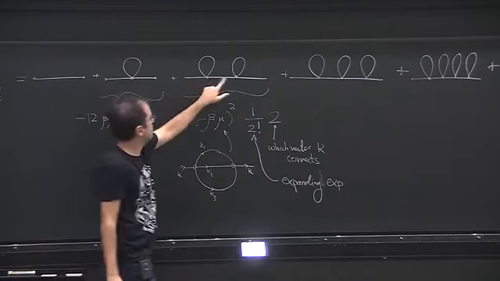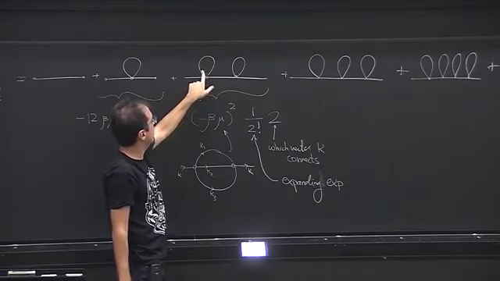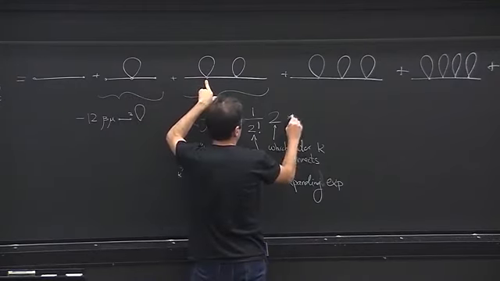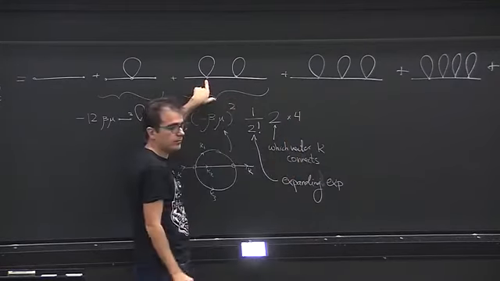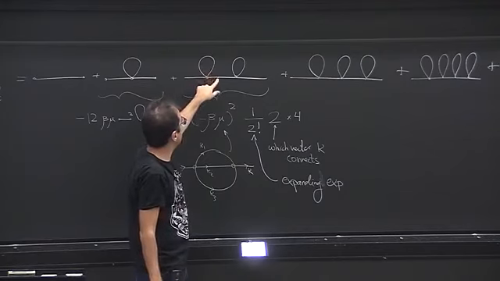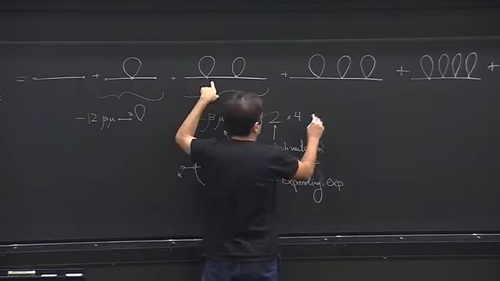Okay, so we had 2 options, and we said k connects to the first object. But to which line here in the vertex? I have 4 options to choose. And then of the 3 remaining ones, one of them connects to the next propagator, so I have to choose which one.